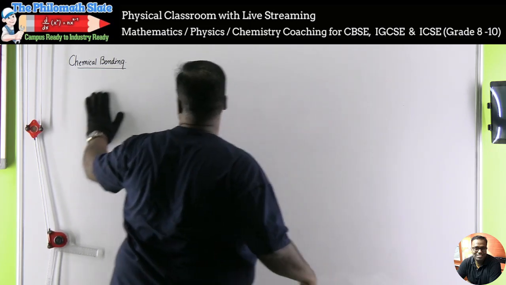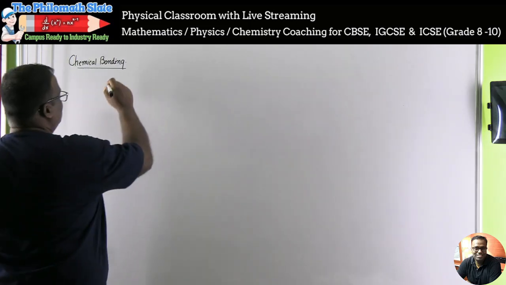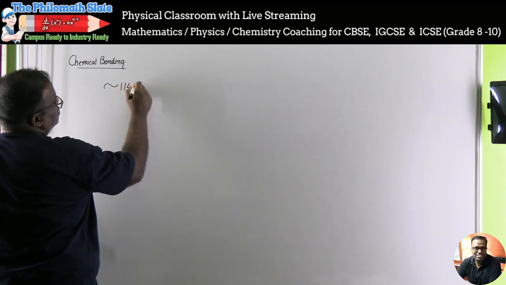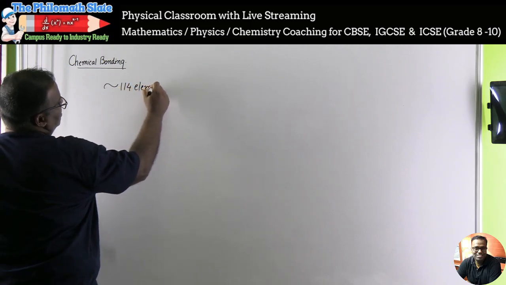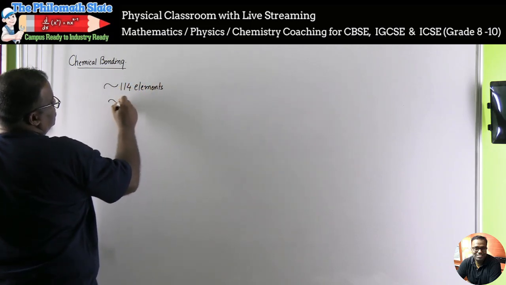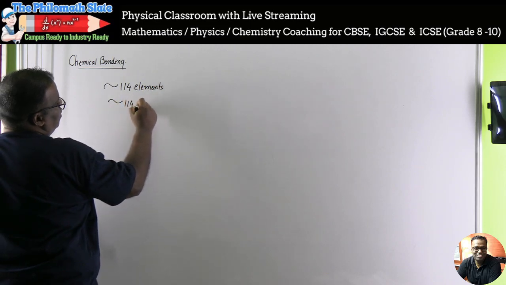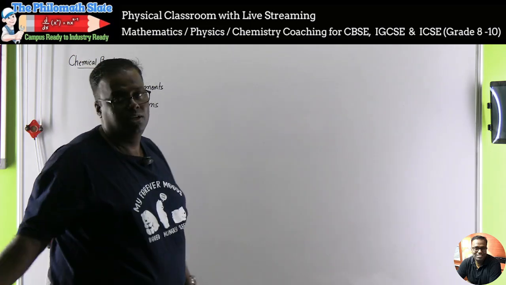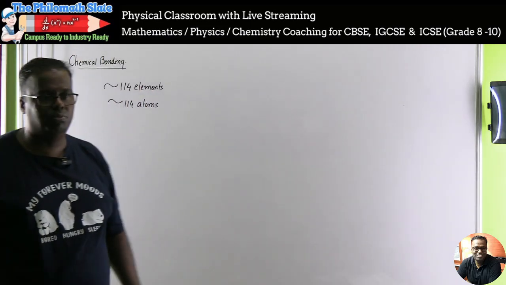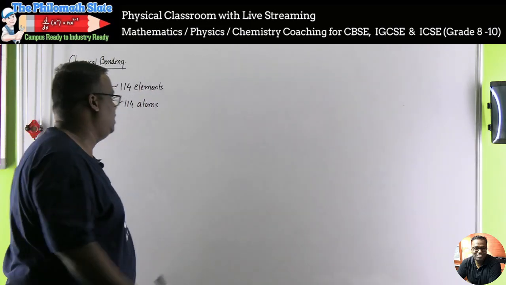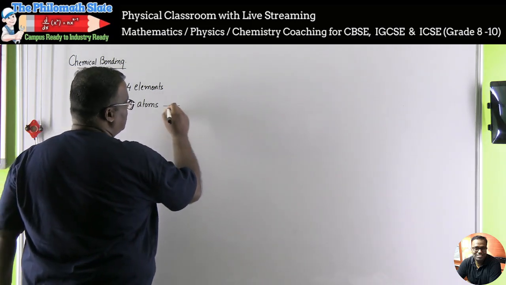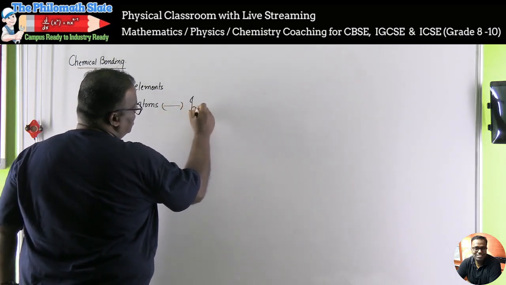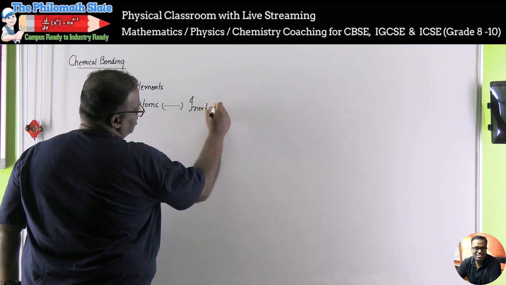Now we have roughly around 114 elements with us, and 114 elements means, at my level, I have 114 different types of atoms. The first question: sir, does every atom form bonds with itself? No, not exactly. From here we will subtract the inert atoms.